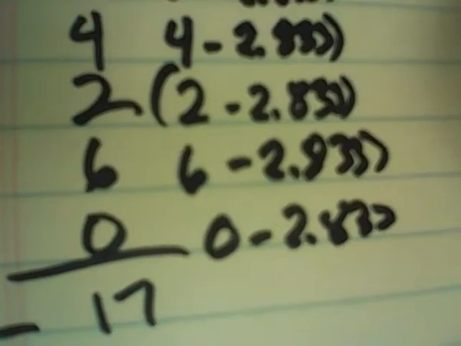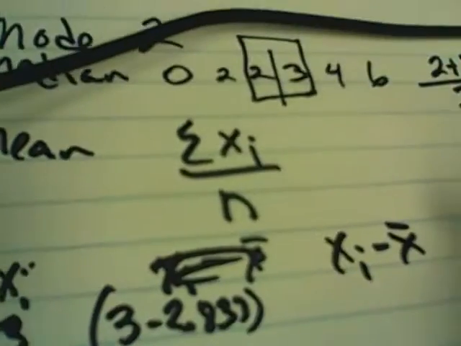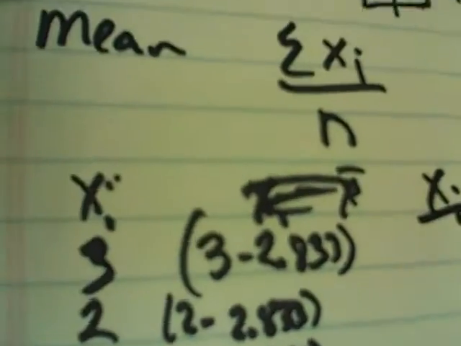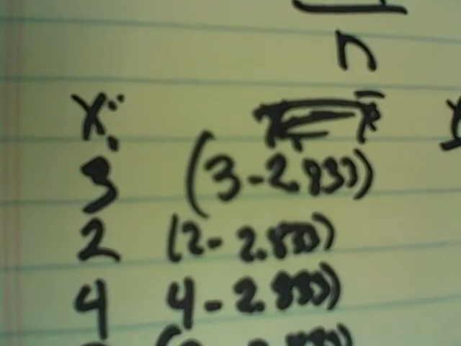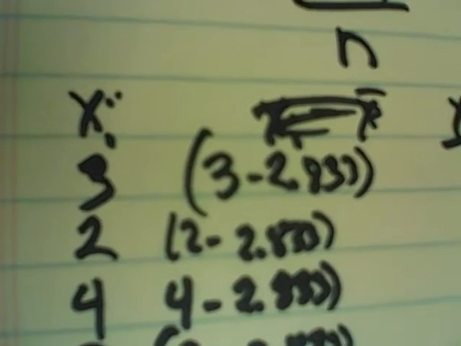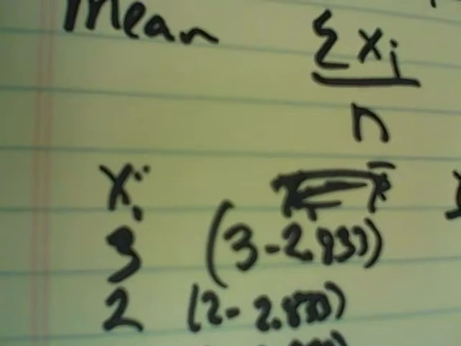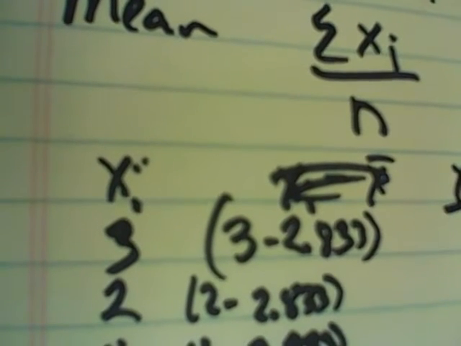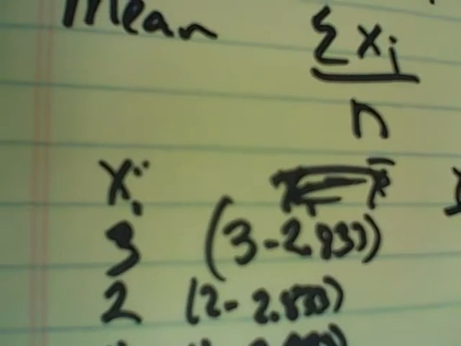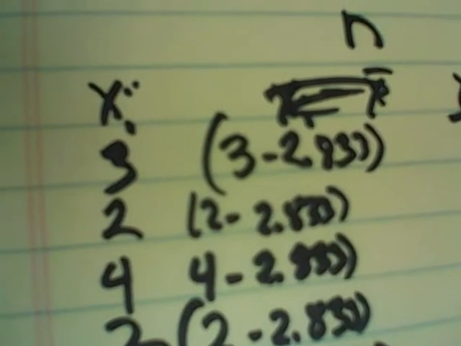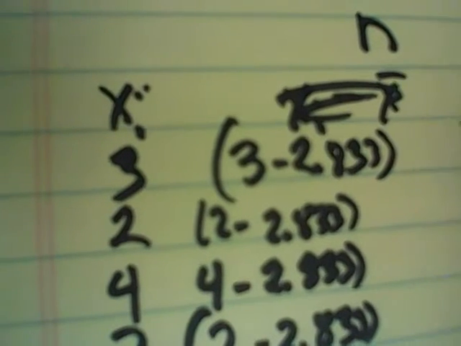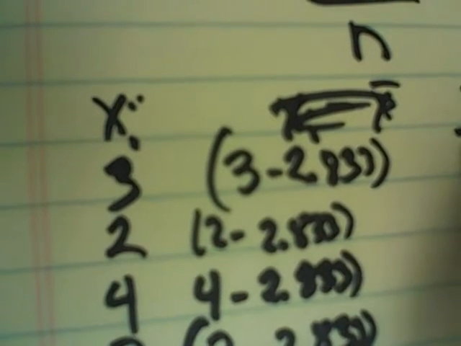We're going to move this over here just so we have room. Take 3 minus 2.833. That's 0.167.